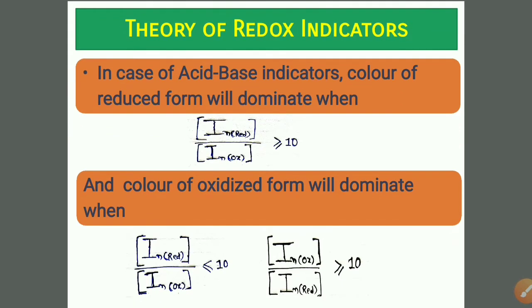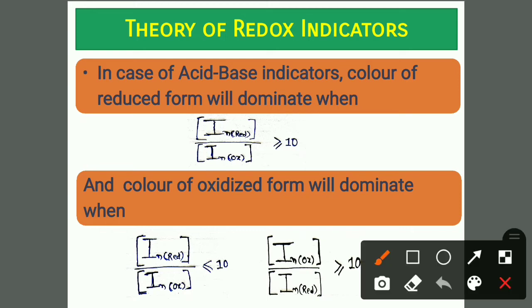In the case of acid-base indicators, the color of the reduced form will dominate only when the ratio of the reduced form of the indicator divided by the oxidized form of the indicator is equal to or greater than 10. And the color of the oxidized form will dominate when this ratio is equal to or less than 10.